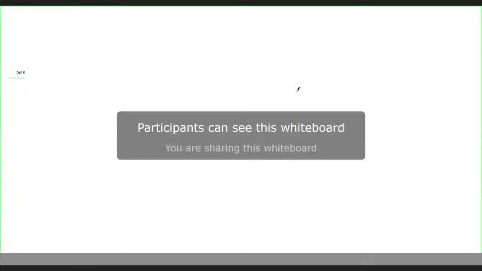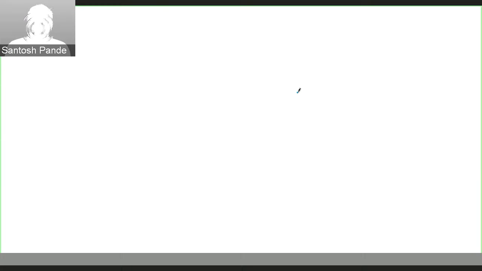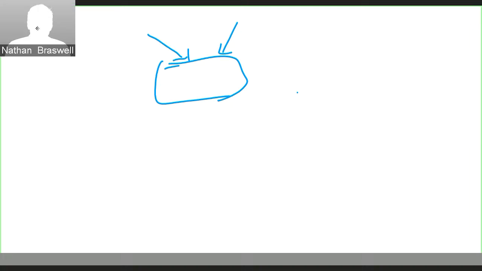So let's illustrate these concepts, which I talked about, with availability. So here is a basic block, and I hope you can see it, right? Nathan, can you see it? Yes, I can see your drawing. Okay.